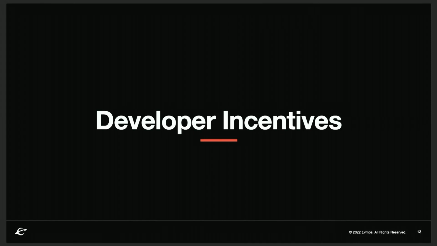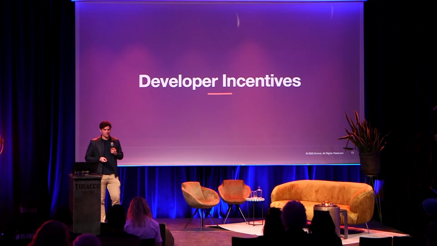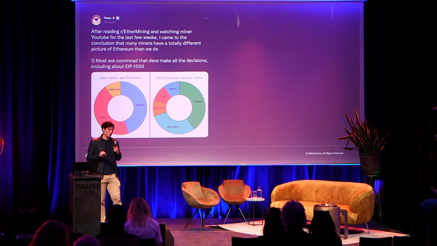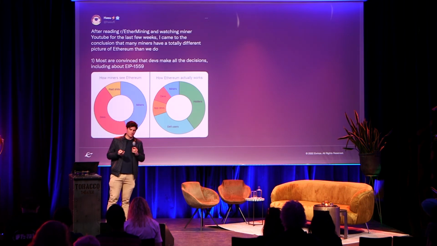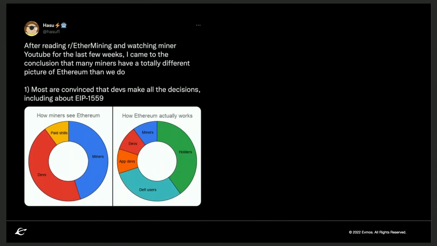So going back to the original model, one of the main problems here was that miners thought that the core developers had most of the power, as you can see here, in how miners saw Ethereum. But Ethereum is actually a big community of not only developers, but also decentralized application developers, DeFi users, holders, and in the future stakers, also miners and core development teams.